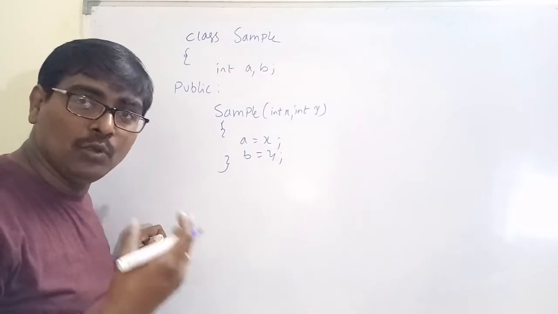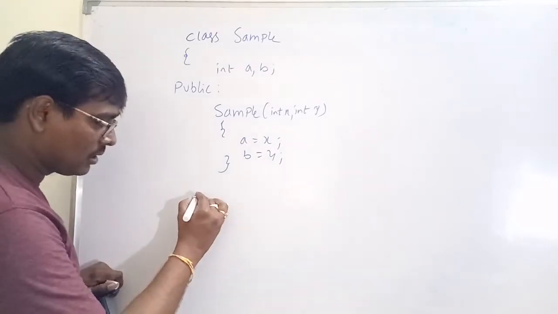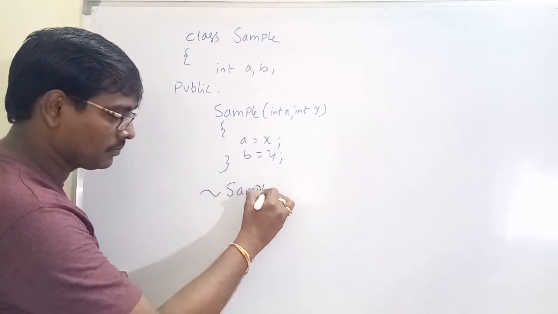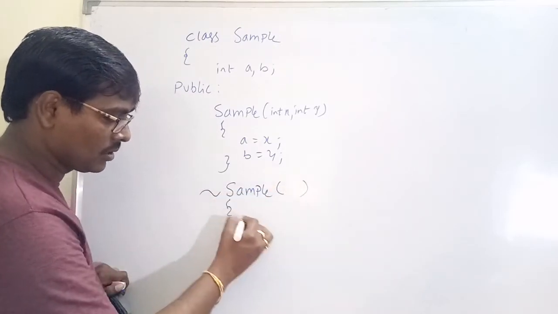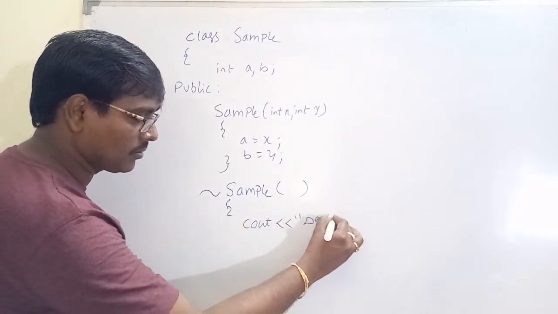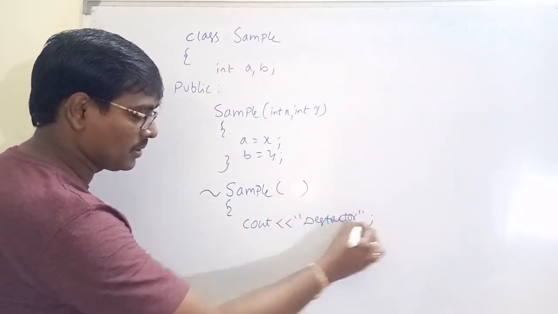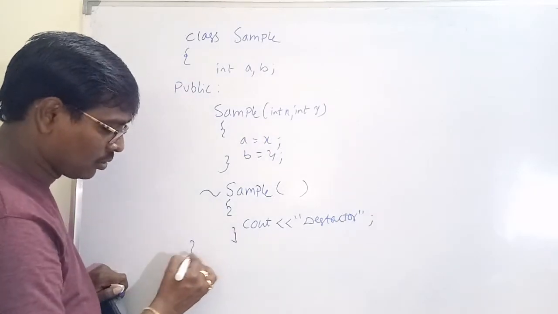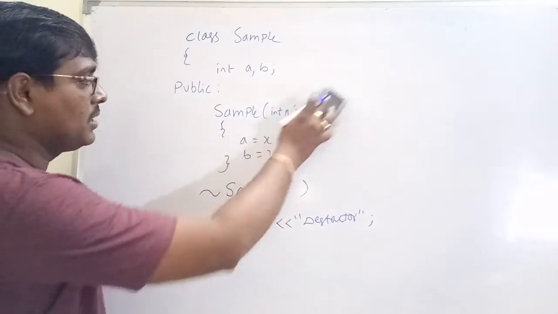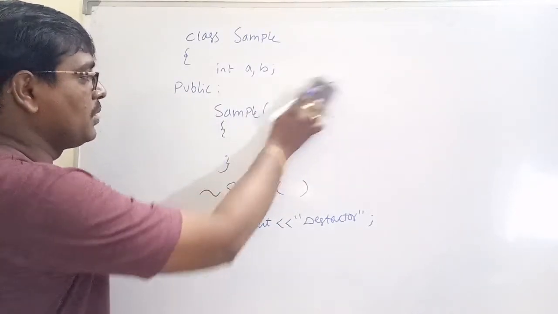Now I am using a destructor, tilde symbol sample, cout some message destructor, and close the class. Or otherwise you can use like this also.